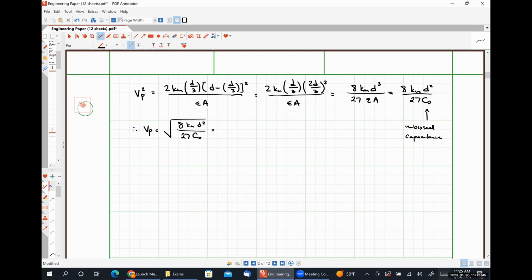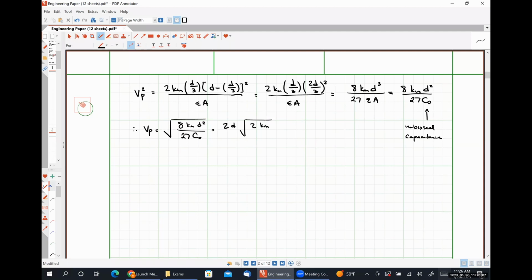So I'm going to pull out a factor of 2 for my square root sign. And a D. So that's going to leave me with a 2 km here.